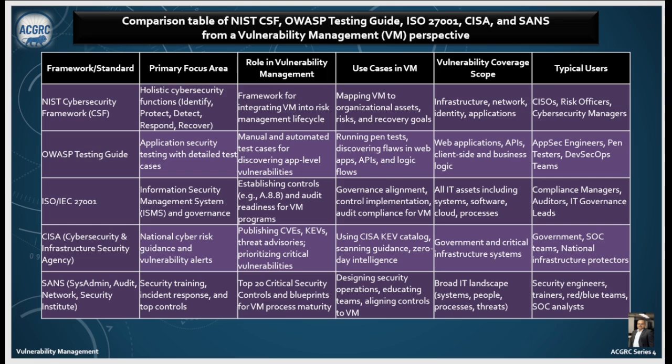I've added the CISA as well as the SANS from a VM perspective. I hope this gives you a holistic view on how VM stands against these different guidelines and standards.